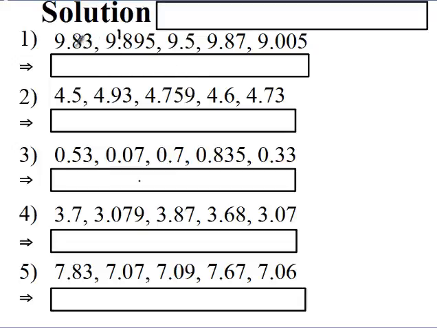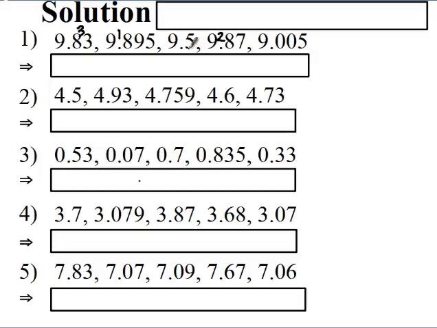Still on those with the 8 in their 10th column. Here we have 3 in the 100th column, and this has 7. 7 is bigger than 3. Then we move on to the rest of the digits or decimals.